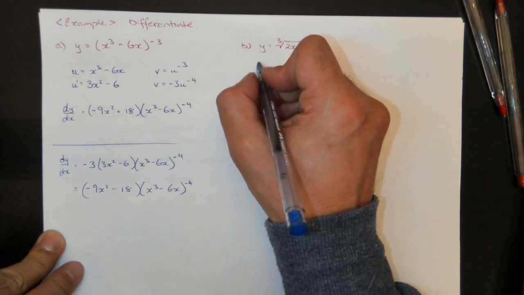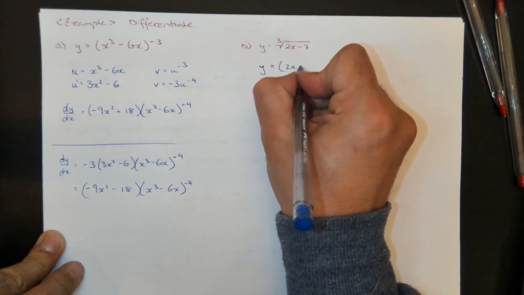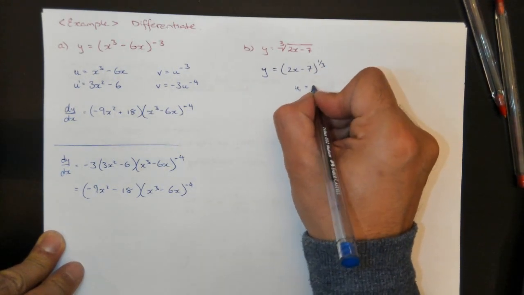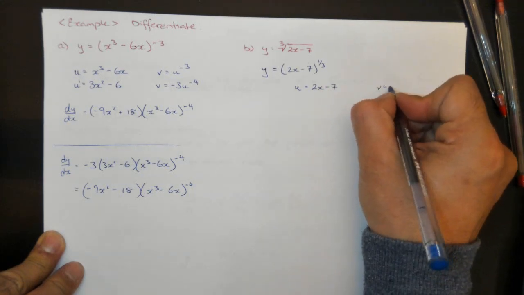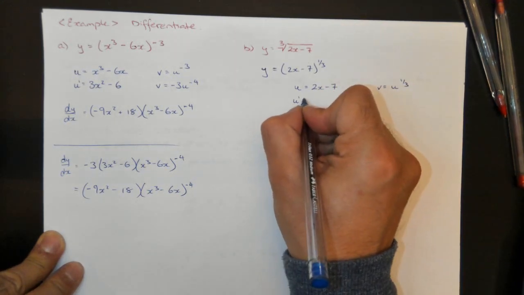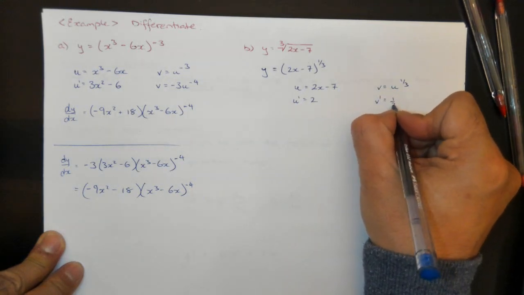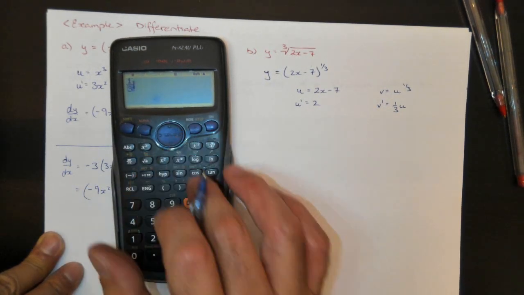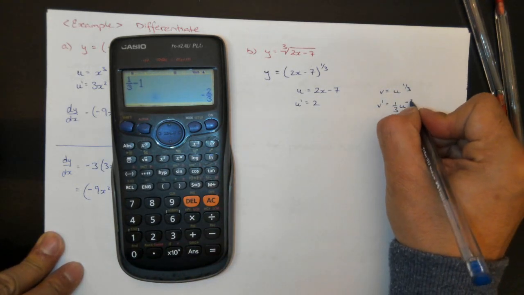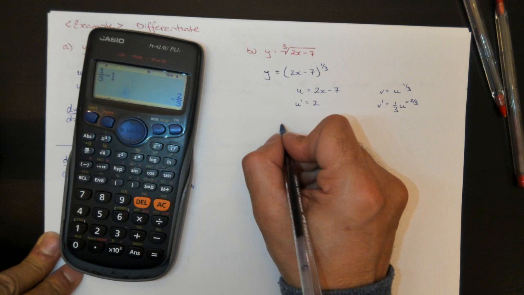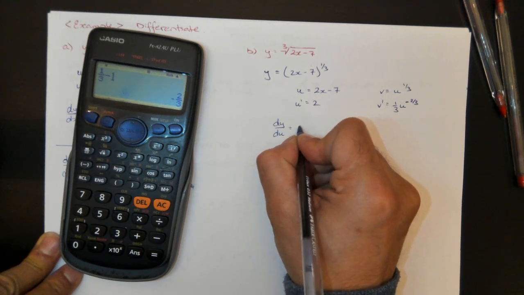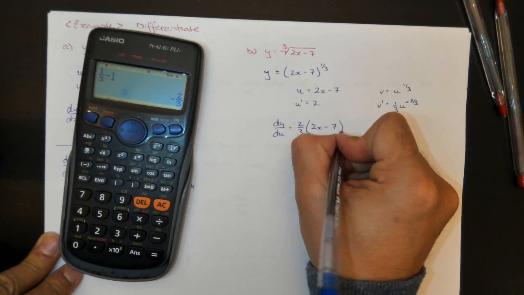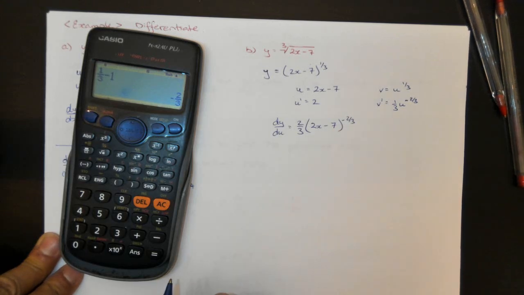Alright, when we have something like this, we can rewrite it as 2x minus 7 to the power of a third. Doing the first method, we get u equals 2x minus 7, y equals u to the third, u dash would be 2, y dash would be a third u to the power of a third minus 1, which is negative 2/3. Multiplying them together, we get dy over dx is 2/3 of u, which is 2x minus 7, to the negative 2/3.